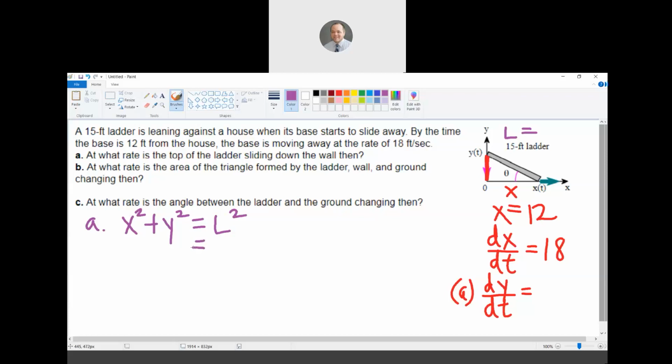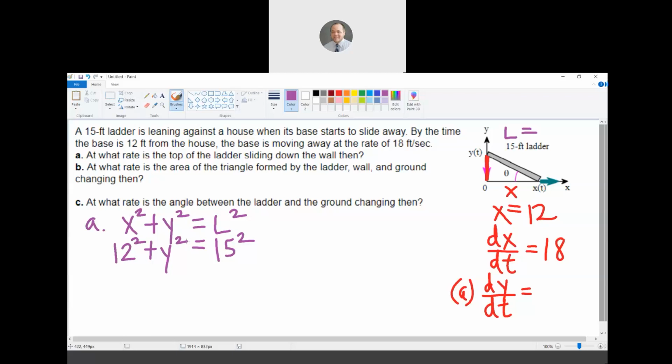It's not going to change. So we can, with confidence, plug in 15 for L. We're given x is equal to 12, but we need to find y. We need to find the height of the wall. So let's find y first before we do anything else.